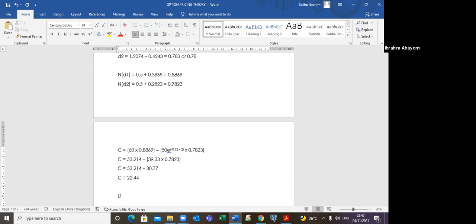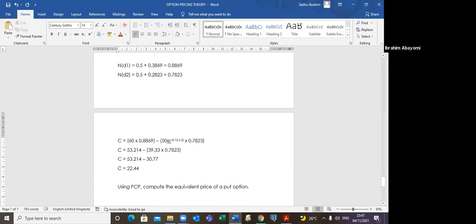So I will now say, using put call parity, PCP, compute the equivalent price of a put option. So what is my put call parity? C plus E. Let me go and copy it there.